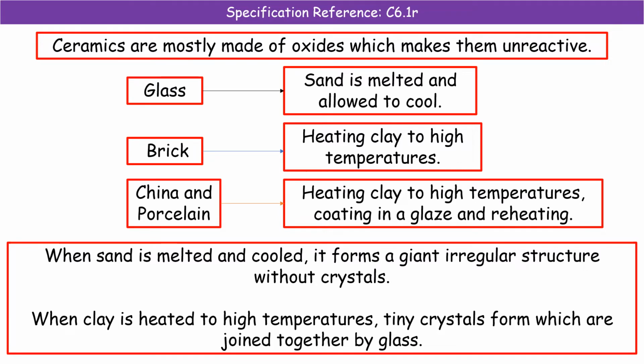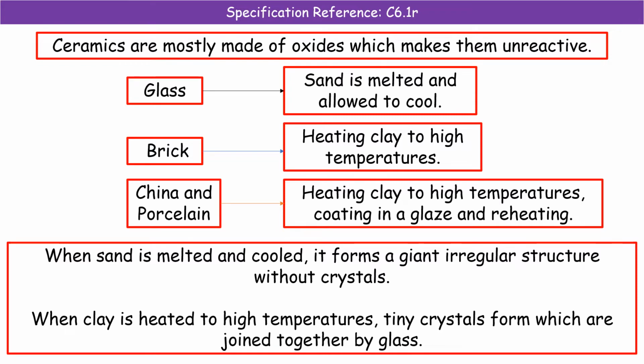Now, the reason that heating leads to forming something completely different from our starting point is this. With sand, when we melt the sand and then cool it, we form a giant irregular structure that doesn't have crystals present.